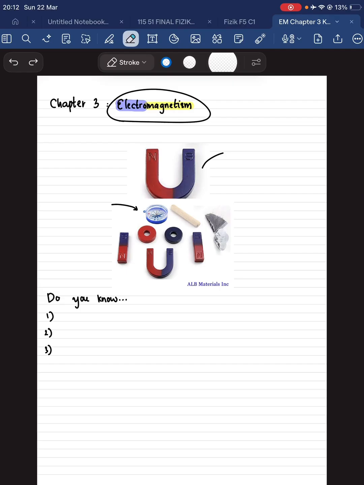So it's all about electric and magnet, right? But if you see the magnet, how is it related to electricity, right? So that's why we are going to learn together how they relate, right? And yeah, we just add electricity with magnetism. That's where the topic comes from. You can think like that.